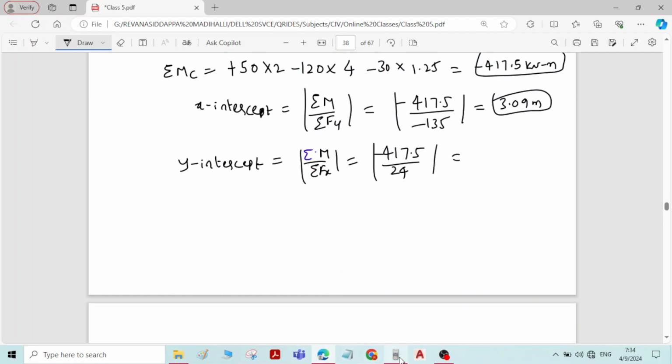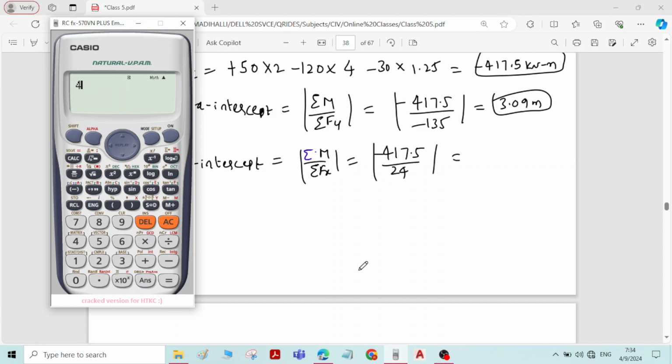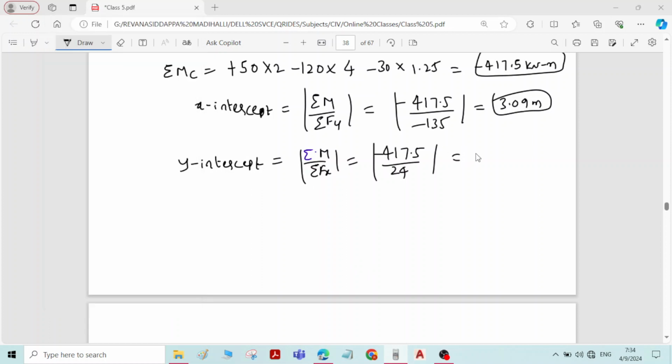Yes, 417.5 divided by 24 is 17.39 meter. And D also you can calculate as sigma M by the resultant force.